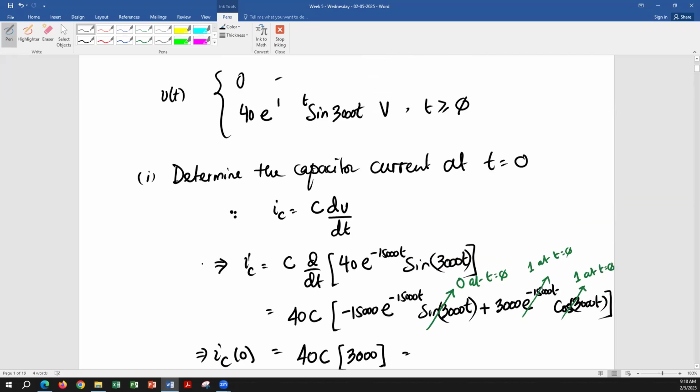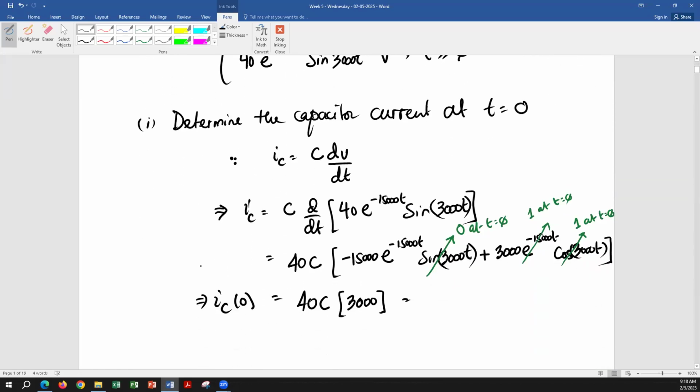All right, let's see. Capacitor value is given as 0.6 microfarad. So 40 times 3 is 120, so 120,000 times 6 microfarad, 6 exponent negative 6. 4 threes are 12, 12 exponent 4, right?